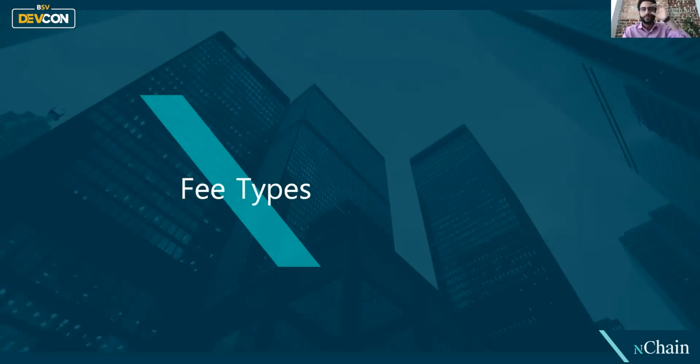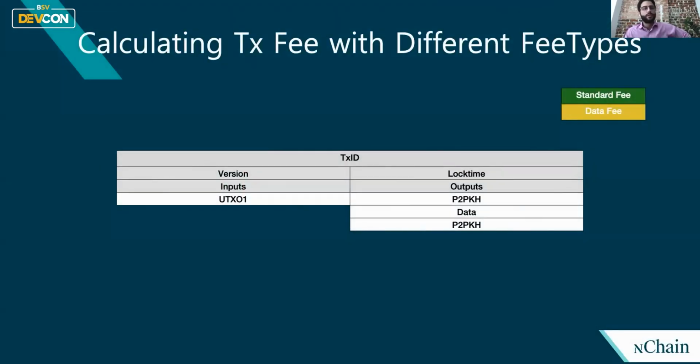But miners can offer different services for different fee types. For example, at the moment we have standard fees and data fees, because as we know, you can encode data in Bitcoin transactions in OP_RETURN outputs.